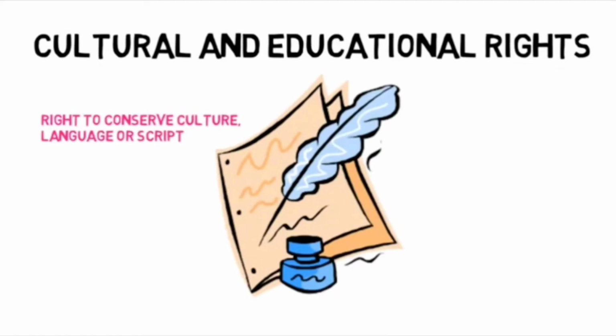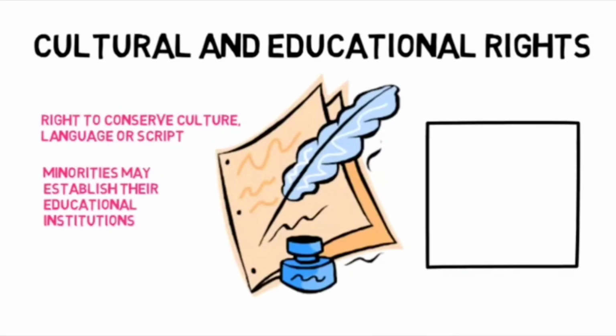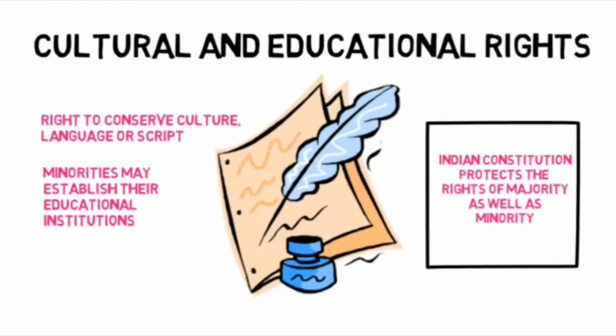This right is important. Minorities, groups of people who are less in number, can also establish their educational institutions. It shows that Indian Constitution helps to protect the interest of the majorities and minorities in the country.